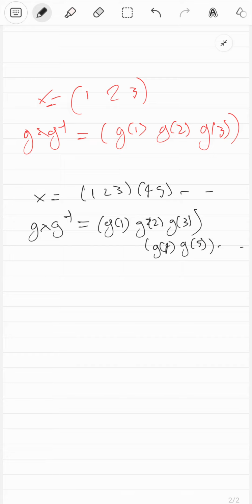So what a conjugation really does is it changes the basis, right? So every property that we would be interested in, like the order of the element, or the size of the group generated by the element, all of that remains the same. It's just that the naming is different, right?